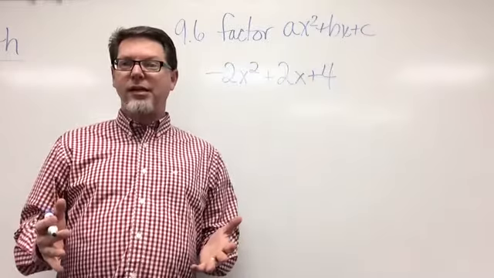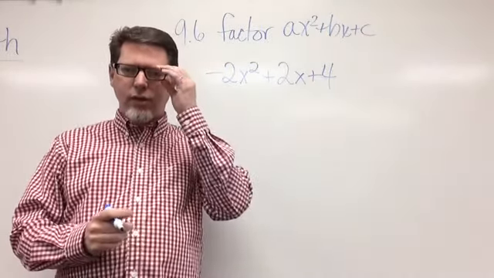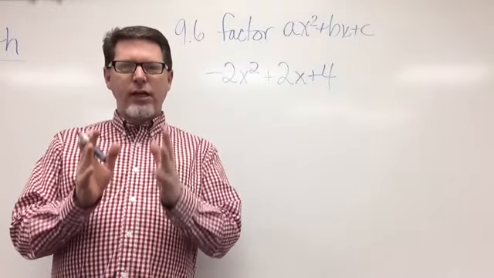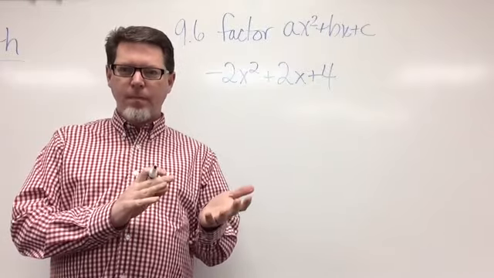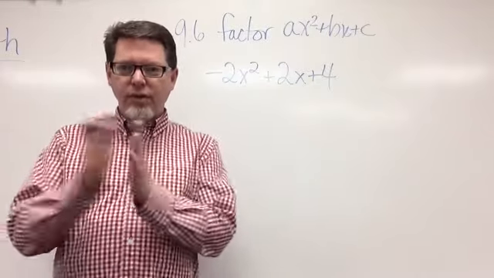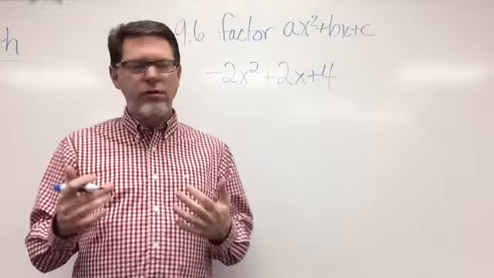So here's my next example, -2x squared plus 2x plus 4. So if I notice each of my terms and I see that there's a greatest common factor in there, and the greatest common factor happens to be 2. Well, I also notice that my leading coefficient is negative. So what I'm going to do is combine those two, the negative and the 2, and I'm going to factor out the -2 first.